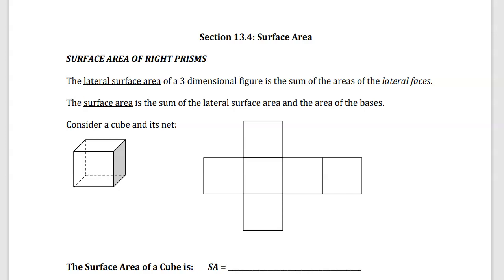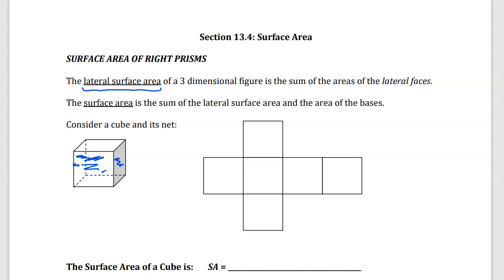We want to look at surface area. When we're talking about surface area, we're talking about the area of the entire outside part of a figure. Now, looking at this cube, we have what is called the lateral surface area, which means if I look at it from the side, it is talking about the lateral faces.